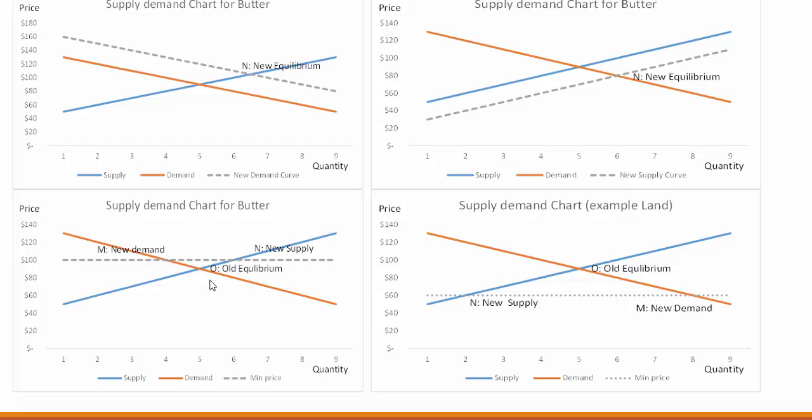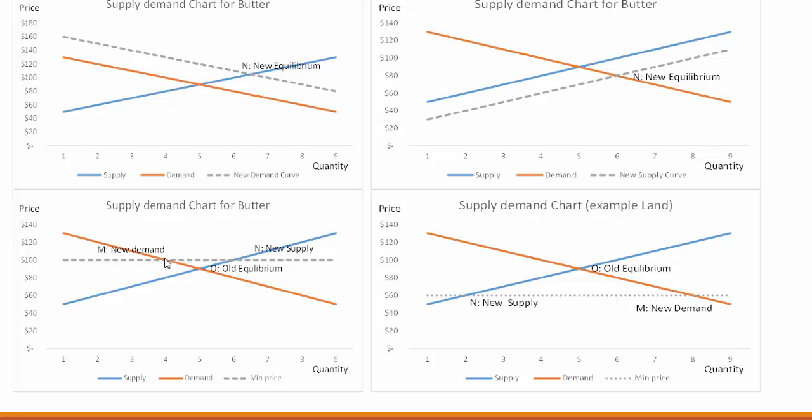And this is about a price cap. So if the government puts a $100 price, and let's assume it's a maximum price, because butter is very useful. Is the maximum price above or below the equilibrium? It's above the equilibrium. So this minimum price would cause trouble here, because it is above the equilibrium.